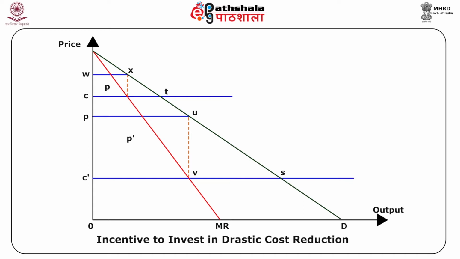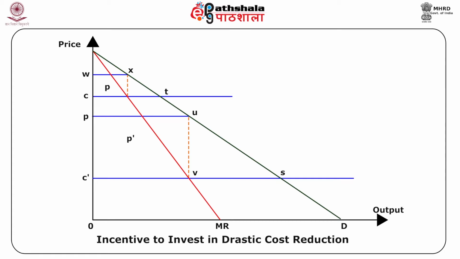The inventor would then be willing to invest in the invention if the cost of the invention is less than P dash. Whereas in the case of monopolized industries, the monopolist sets MR equal to C dash and his profits are P dash. But the incentive to invent is the difference of pre and post invention profit, P dash minus P, as the difference of pre and post invention profit is less than P dash.